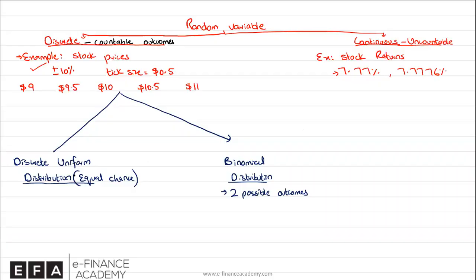All right, so let's understand the discrete uniform distribution in more detail, and then we'll discuss the binomial distribution as well. The discrete uniform distribution, as we said, is where each and every countable outcome has an equal probability of happening.